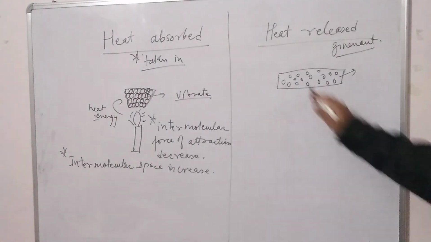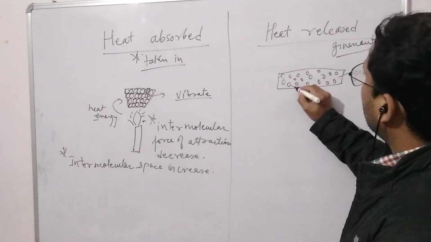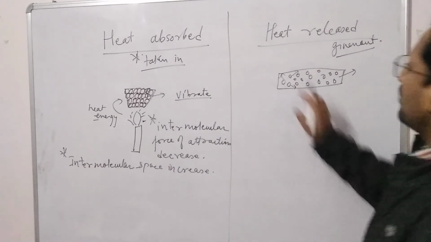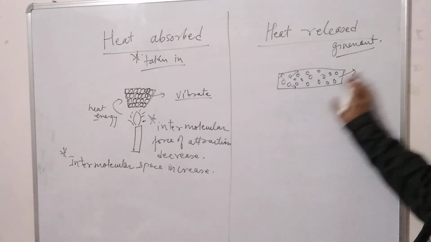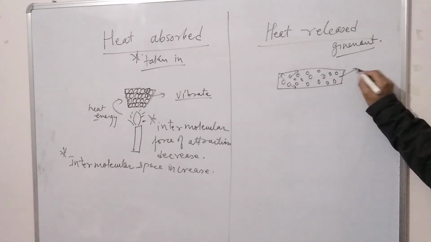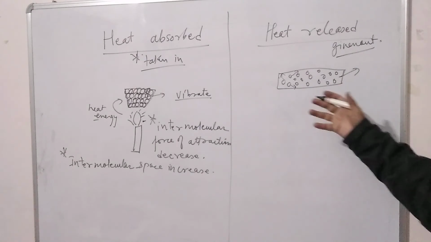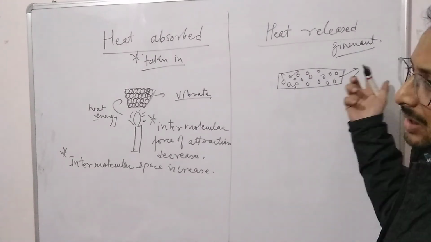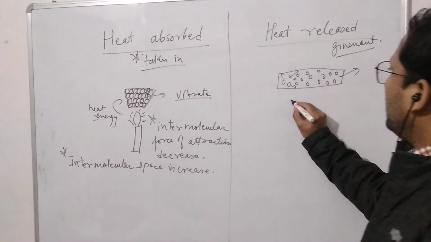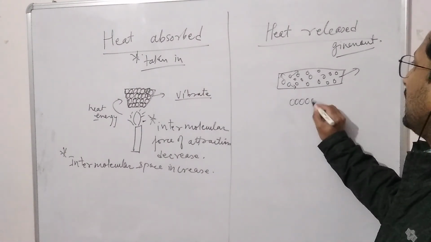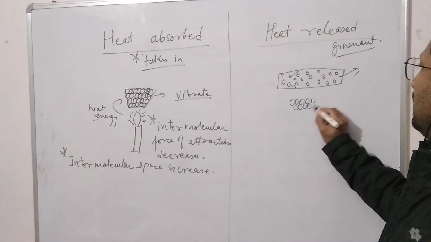Now, as soon as the energy is there, when enough energy is there, it has intermolecular space also, and intermolecular force of attraction is less. It has enough energy now. Now, when you are taking the energy away from it, okay, you are taking the heat energy from it. So, what will happen to it? The molecules will become very weak, okay, and they will try to come together to each other, okay.